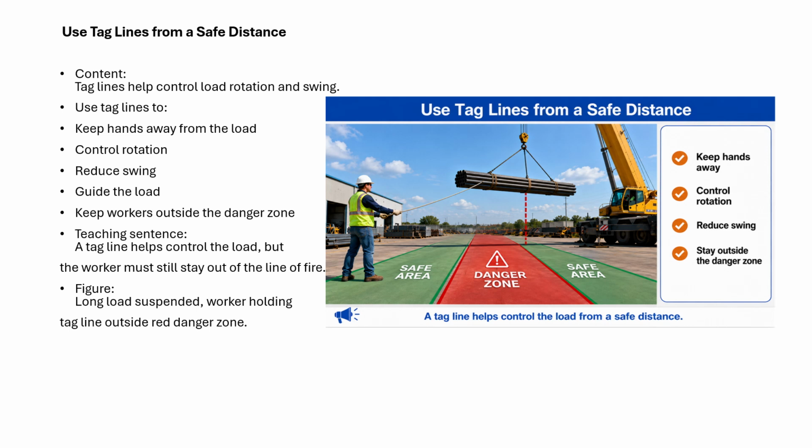A tagline helps control the load, rotation, and swaying. Use the tagline to keep the hands away from the load. Control rotation. Reduce swaying. Guide the load. Keep workers outside the danger zone.